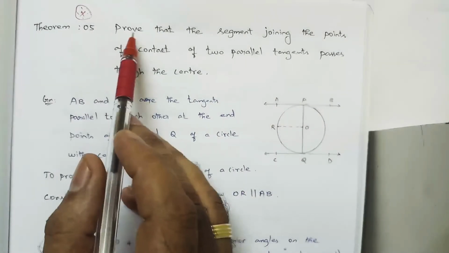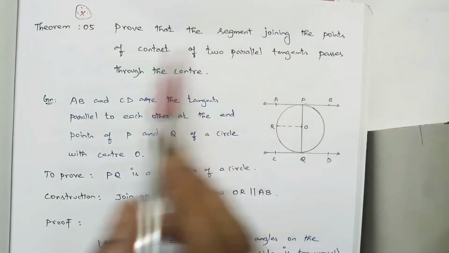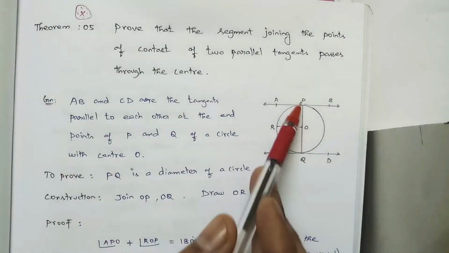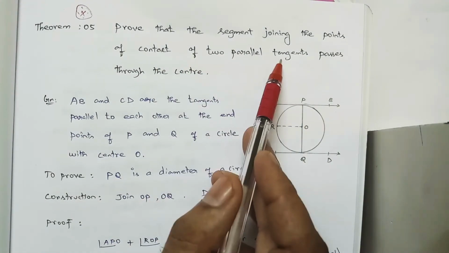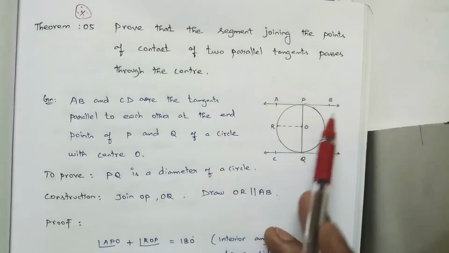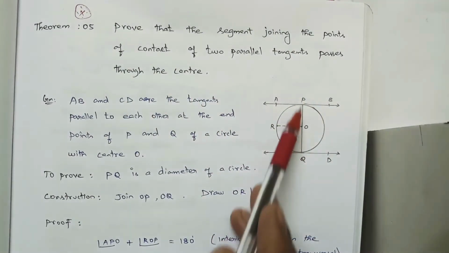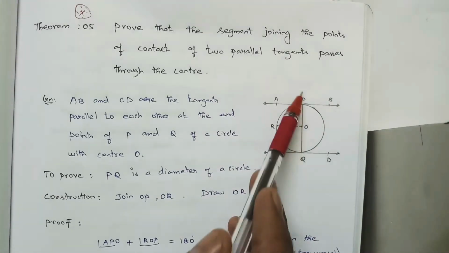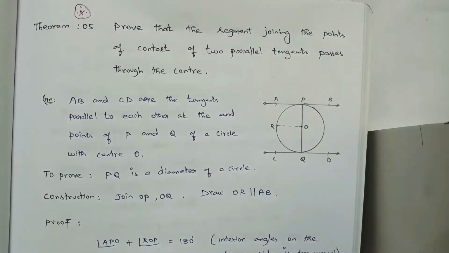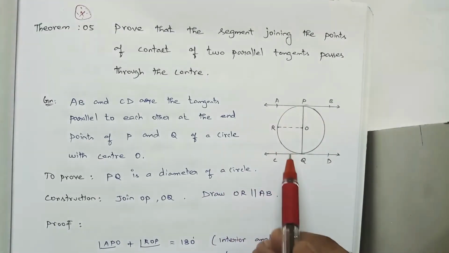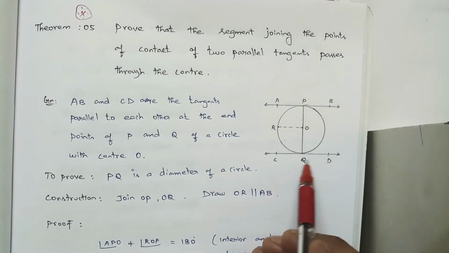So see the theorem: Prove that the segment joining the points of contact of two parallel tangents passes through the center. AB and CD are the parallel tangents, and the segment joining the two points P and Q passes through the center, they are saying. So what we want to prove? We want to prove that PQ is a diameter of a circle.